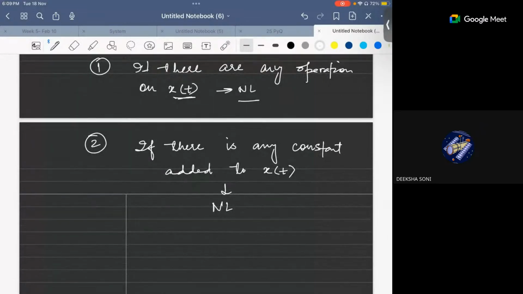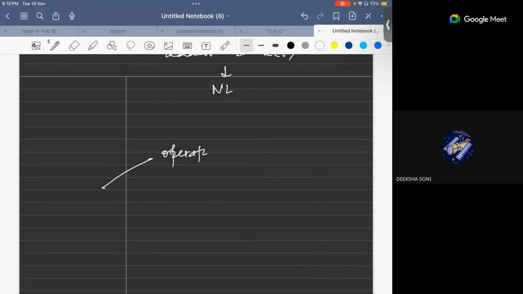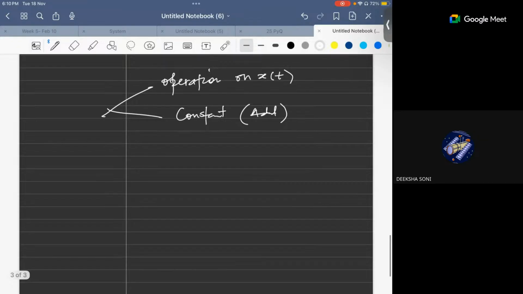Or if you are adding any constant, like 1, 2, 3, 4, 5, 6, I'll just give you examples, that will give you an idea. So either any operation on x(t), or a constant that is added or subtracted. Not multiplied.